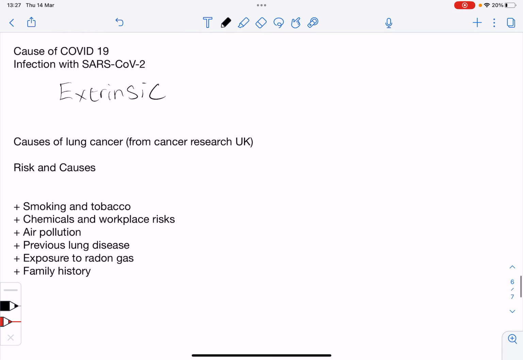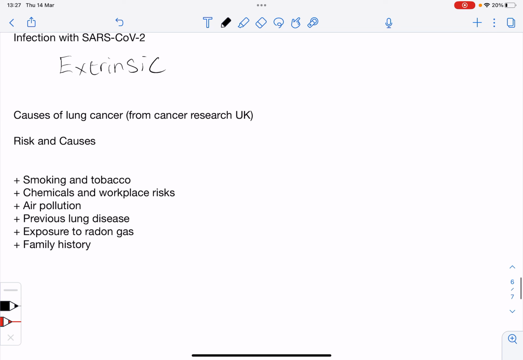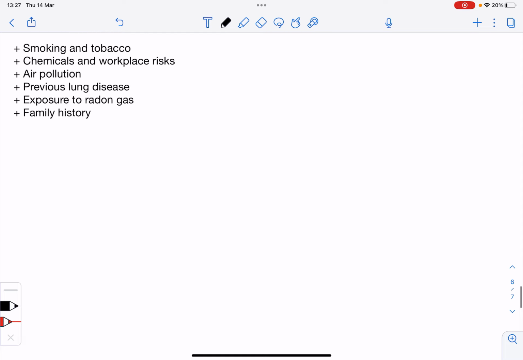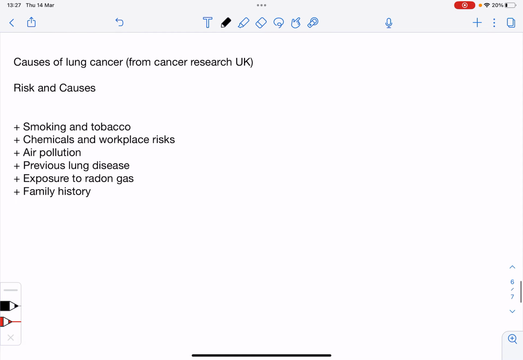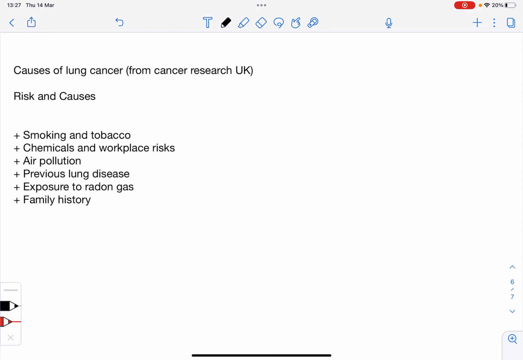Okay, so we have causes of lung cancer from Cancer Research UK, risk and causes. This one is slightly more complicated. Smoking tobacco. That is your lifestyle, so that is extrinsic. Chemicals and workplace, again your lifestyle, so extrinsic.